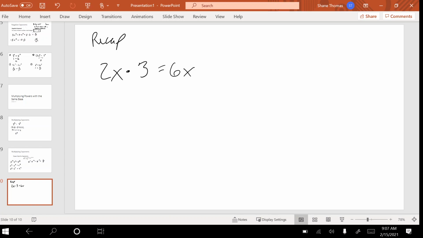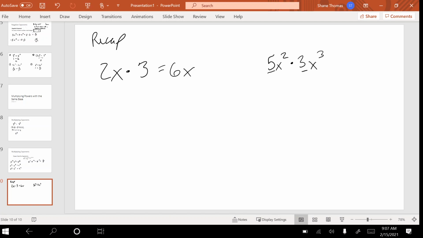So let's add in a little piece to it. What if I have this? 5x squared times 3x to the 3rd. In this case, nothing really changes. The only thing that's different is my exponents. So let me rewrite this once.